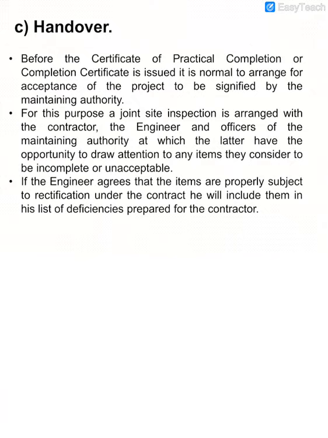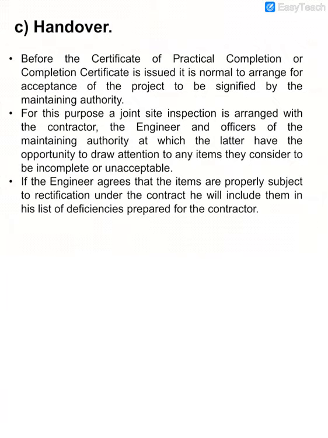During the site inspection, the maintenance authority will check for incomplete or unacceptable work. If they are satisfied with all the work, only then can they issue the practical completion. The reason is that after project completion, the maintenance authority has to accept the project and do the maintenance.